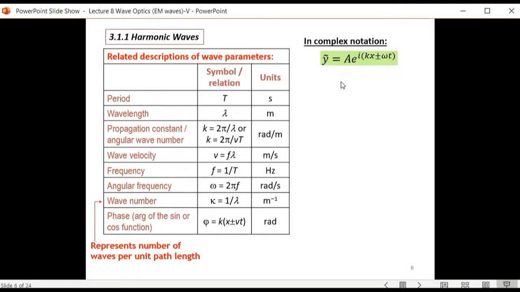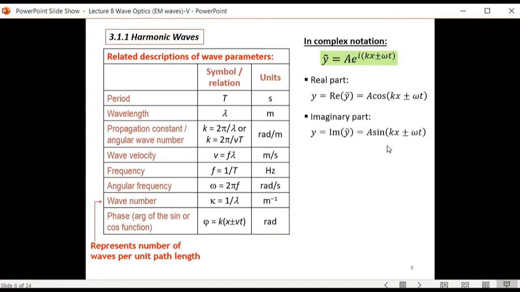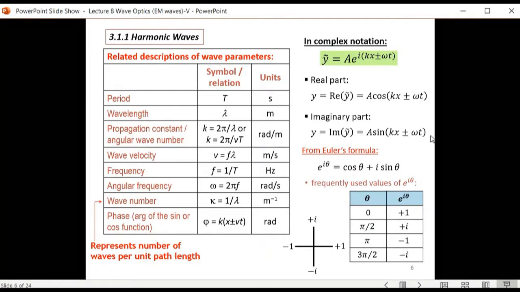In complex notation, the harmonic waves can be written as A exponential i into kx plus or minus omega t, whereby the real part of this expression will be A cos kx plus or minus omega t, and the imaginary part is given by A sin kx plus or minus omega t.